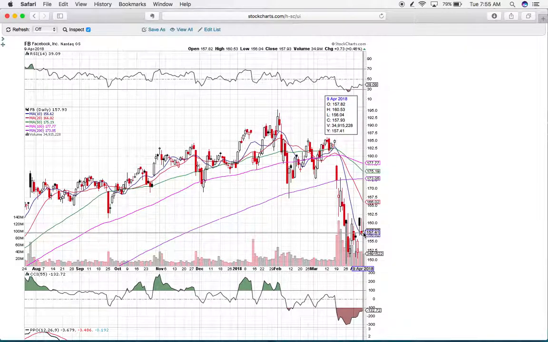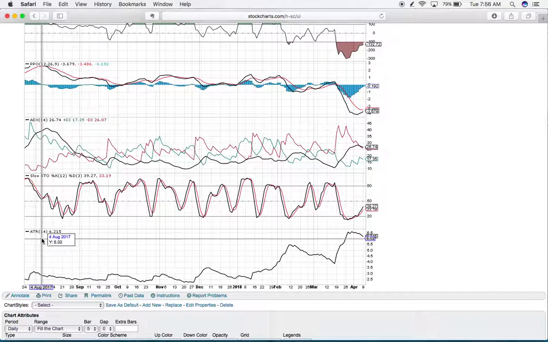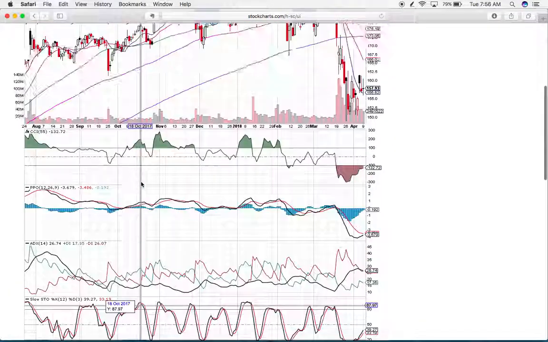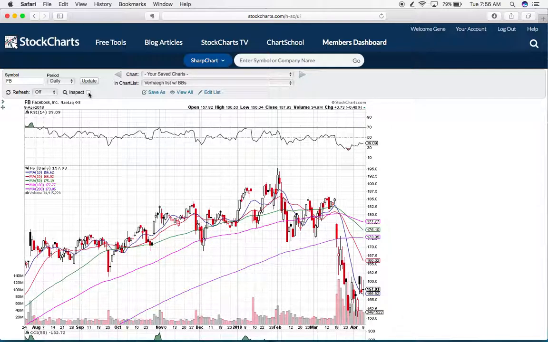But that was the range for the day. The range is from the low of the day to the high of the day. So the average true range for Facebook is about $6.20. And average true range is over the last 14 days. That's what that 14 means right there. That's the average true range for the last 14 days.